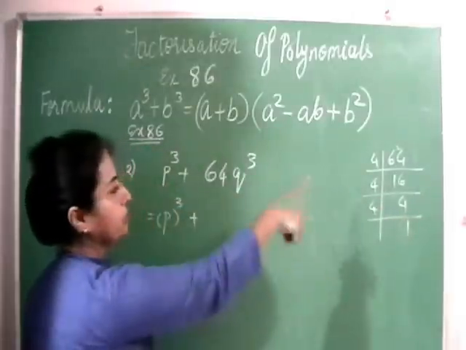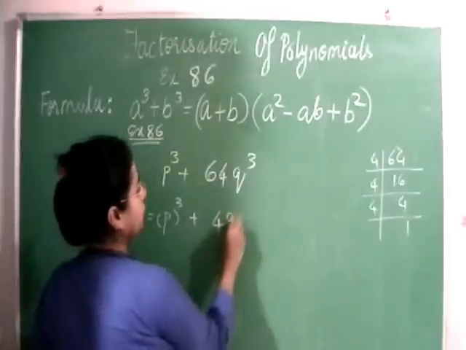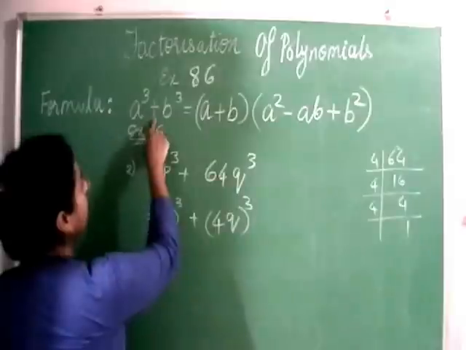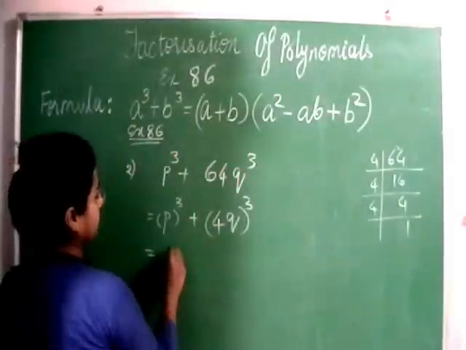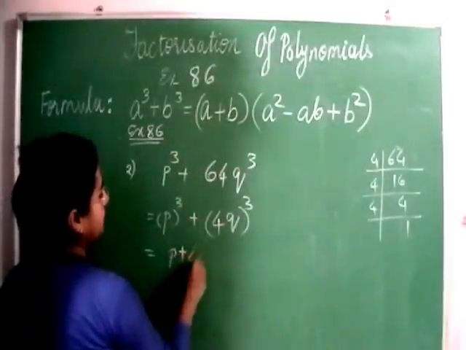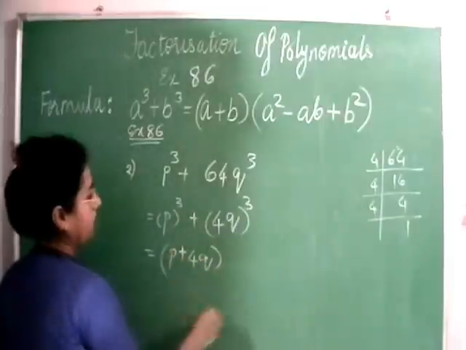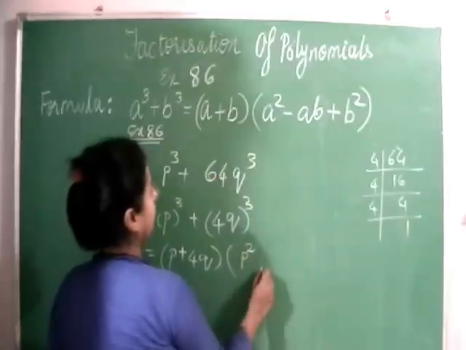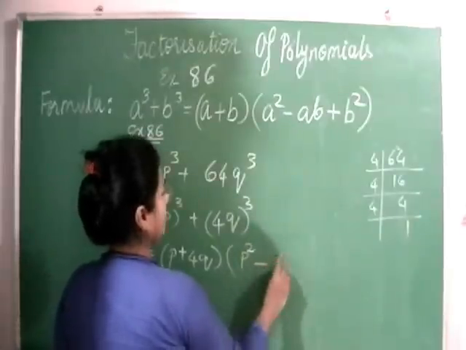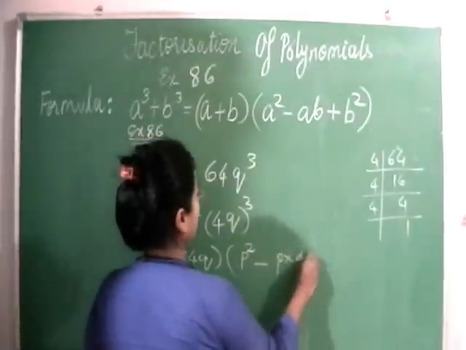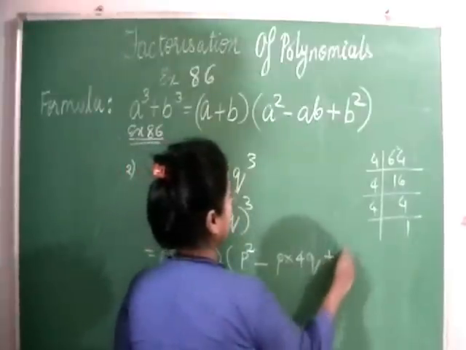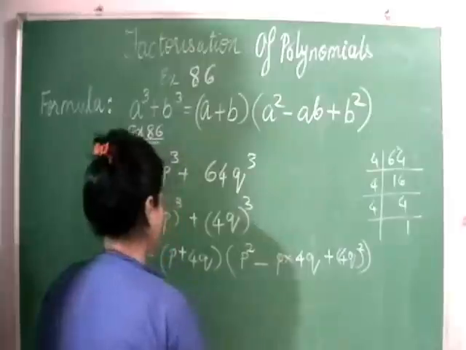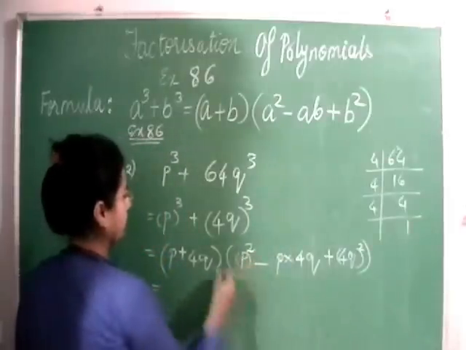So I can write 64 as 4 cube, the whole cube. This is similar to this formula. I can apply the factorization. (p plus 4q), second bracket, p square minus p into 4q plus (4q) the whole square. Open the bracket now.